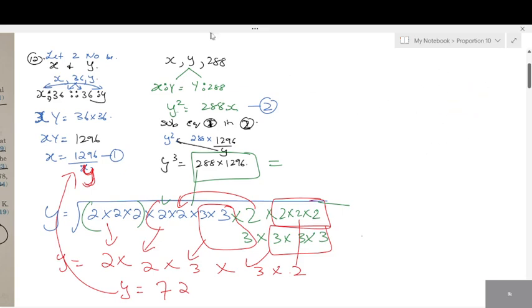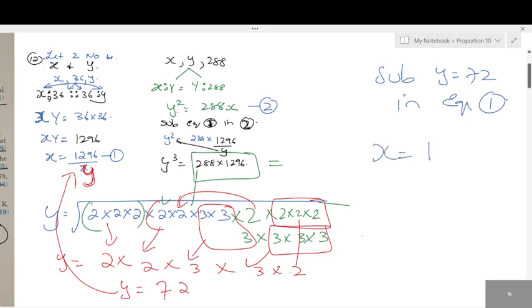Only if you have doubts, I'll do that again. If not, I'll just continue. Substitute y equals 72 in equation 1 or 2. You can take anything, but equation 2 will be tough. Substitute in equation 1, where the degrees are only 1.